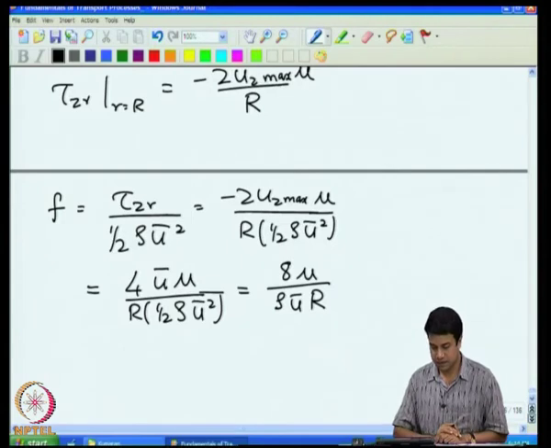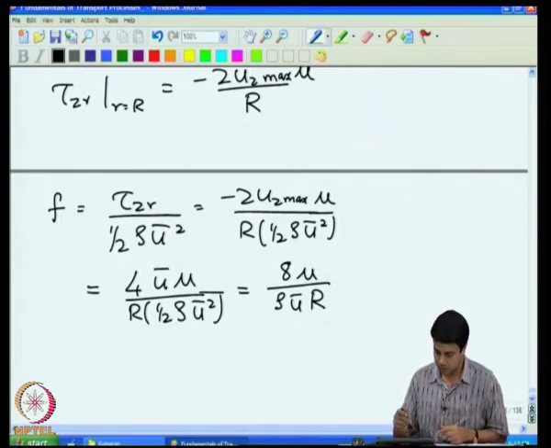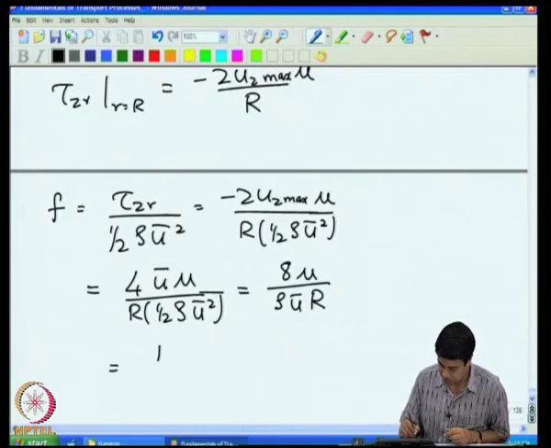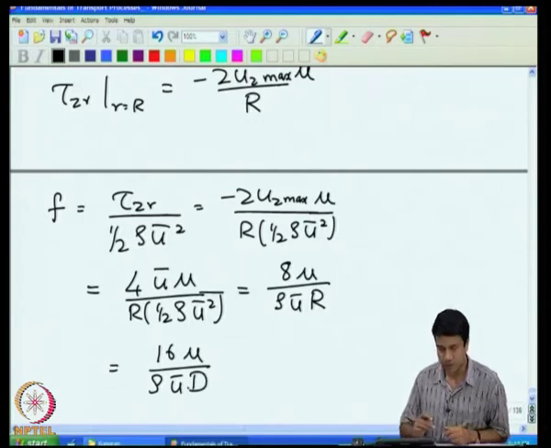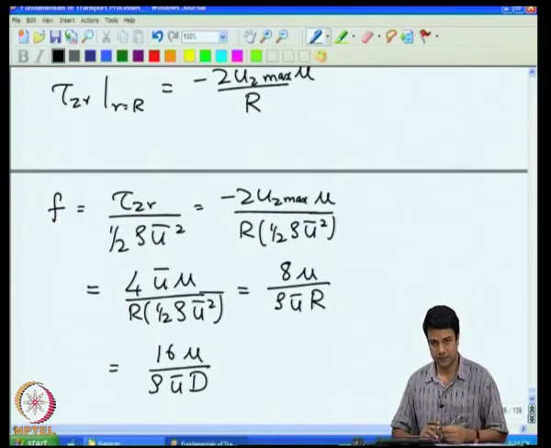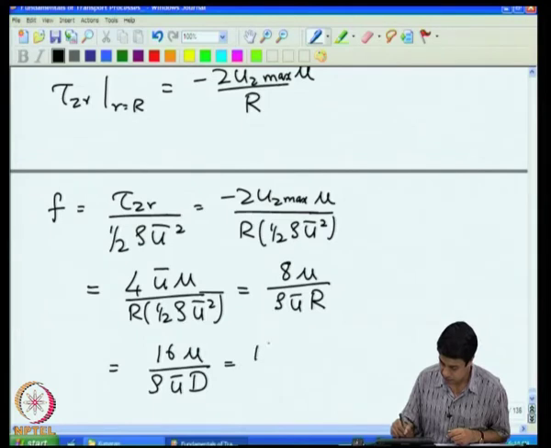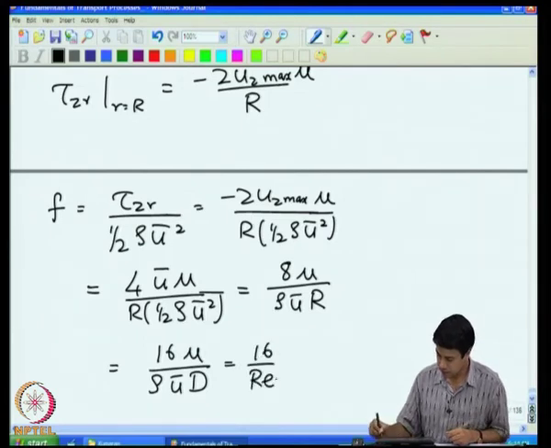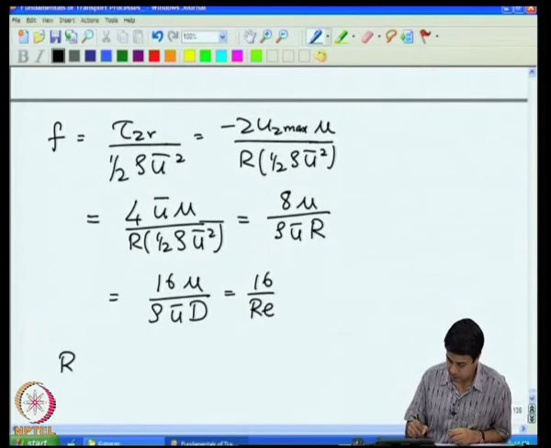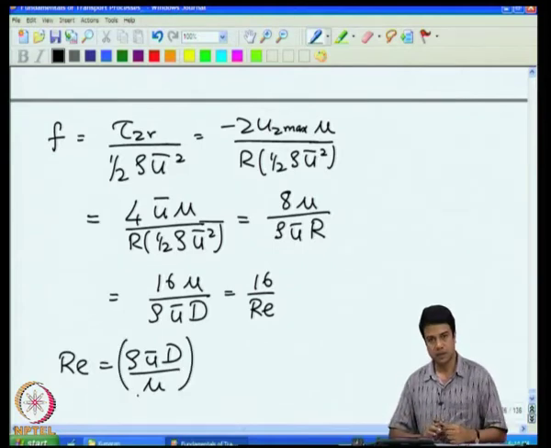So, if I define it in terms of the pipe diameter D, D is equal to 2 times R, so R is equal to D by 2. So, I finally get 16 mu by rho u bar times D, where D is the pipe diameter. This is 16 by Re, where Re is the Reynolds number rho u bar D by mu based upon the average velocity and the diameter of the pipe.